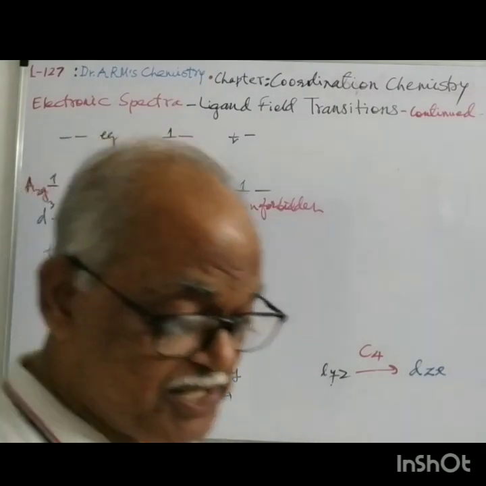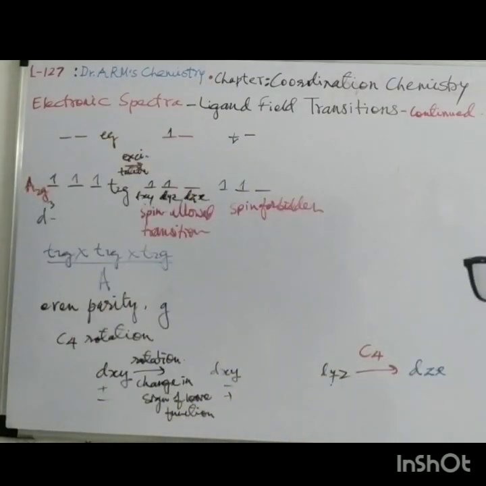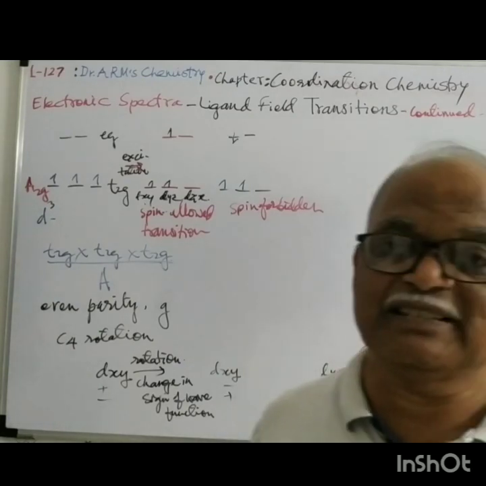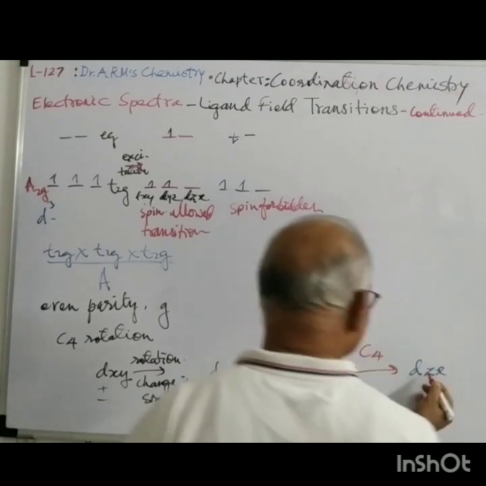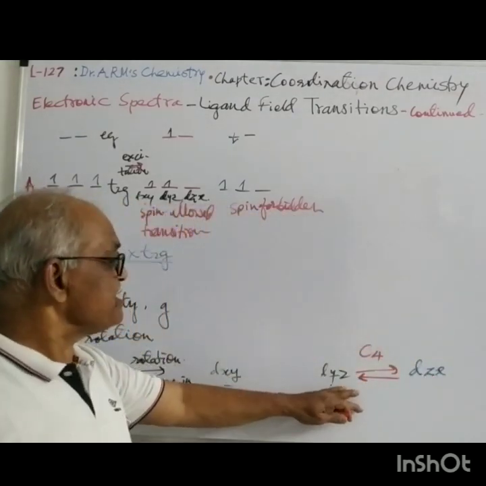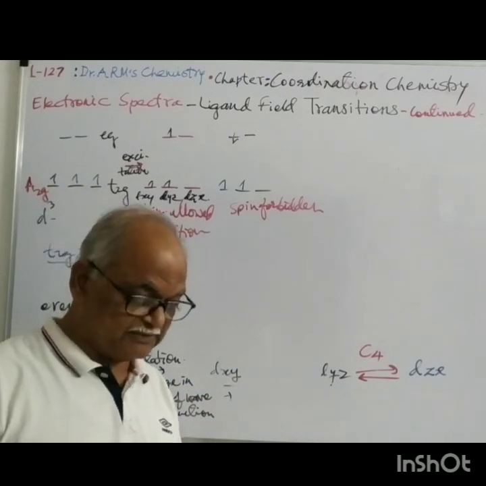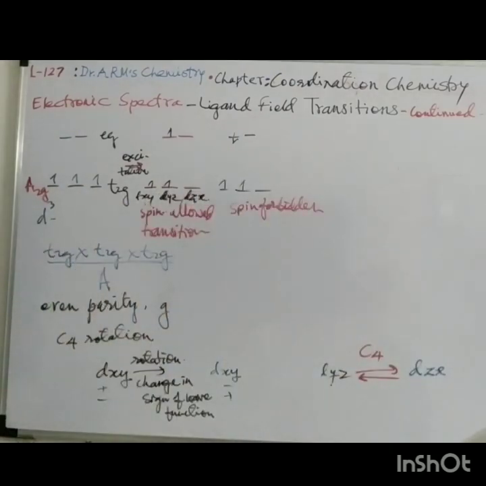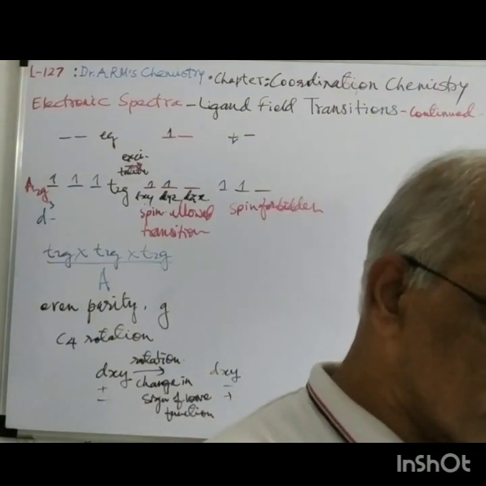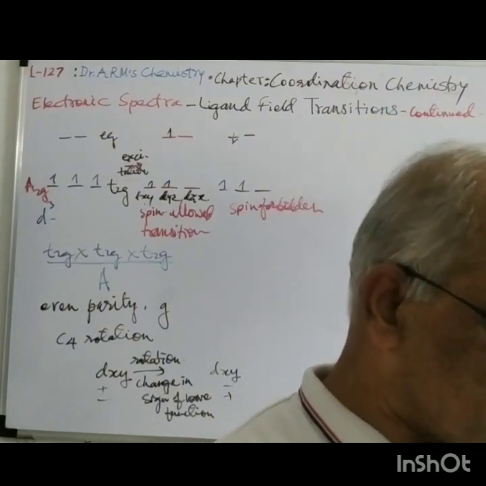After undergoing C4 rotation, the orbital changes into another orbital. Similarly, when the dzx orbital undergoes C4 rotation, it gets changed into the dyz orbital. That can be reflected in the form of diagrams.